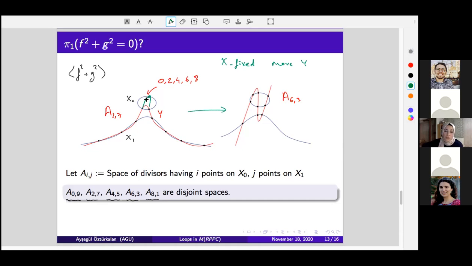At first you need to have a tangency and then 2 points. If you have a tangency, then you pass to the 8 points space. So you lose the 9 points space. So to pass from here to here, you need to pass through another space. So these are disjoint spaces.